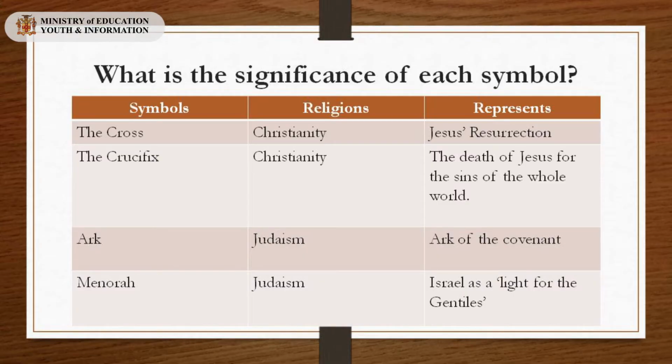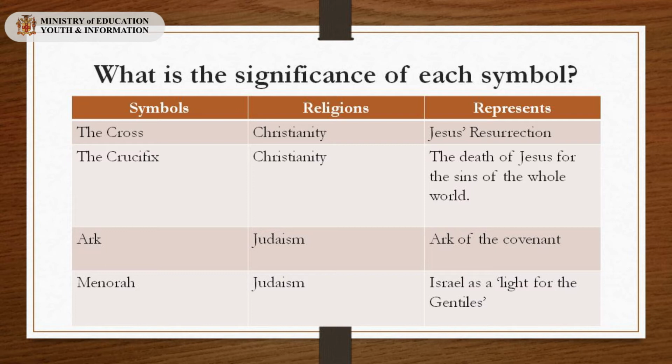What is the significance of each symbol? The cross in Christianity represents Jesus' resurrection. The crucifix, also in Christianity, represents the death of Jesus for the sins of the whole world.